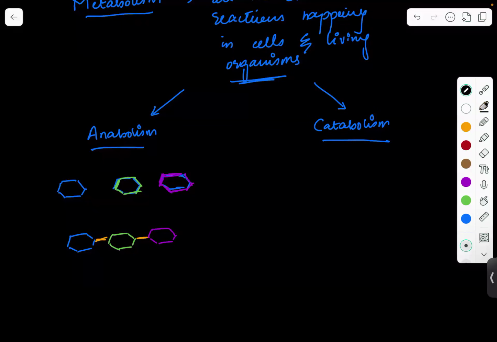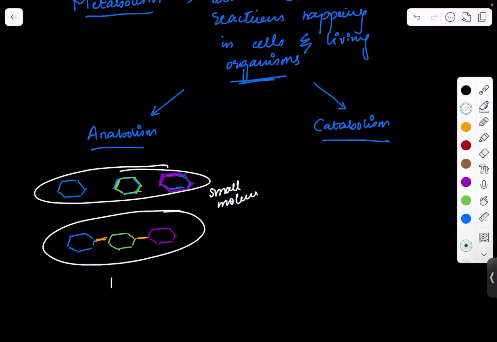Right? So you go from something small, smaller molecules, and you create a large, complex molecule structure, right? That is anabolism.